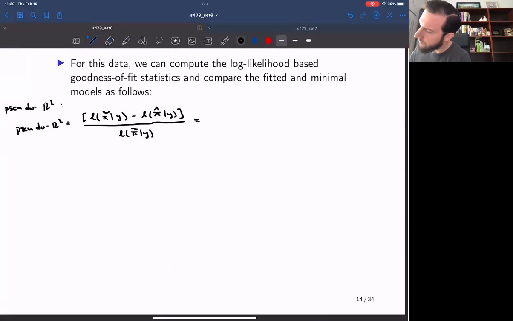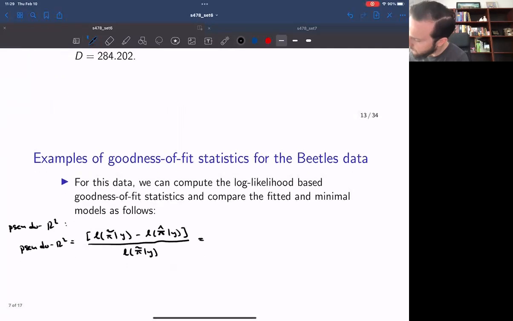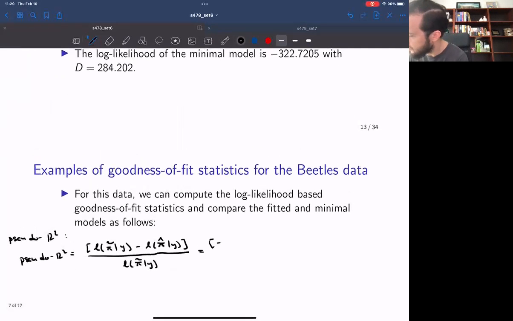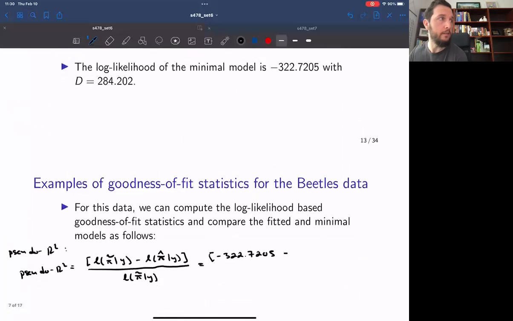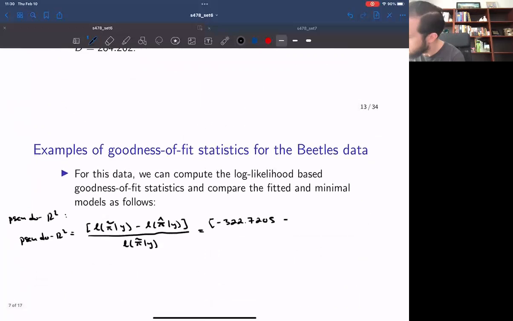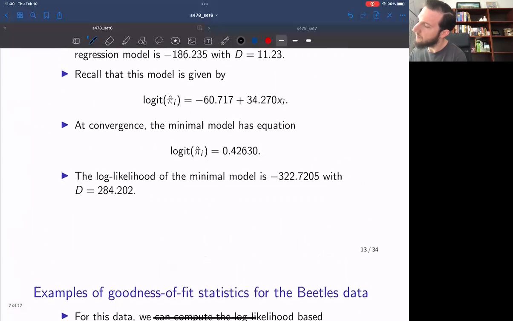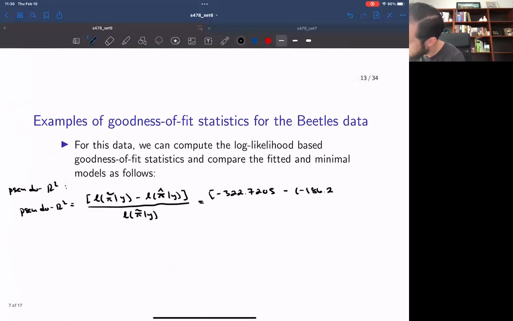So then from the previous slide, this is going to be negative 322.7205 minus negative 186.235, divided by negative 322.7205.